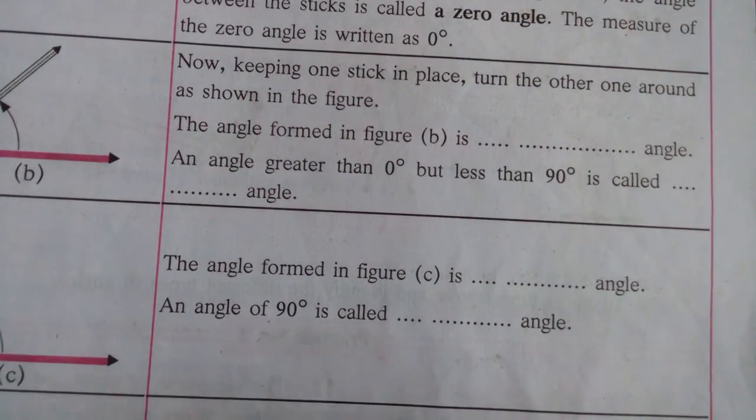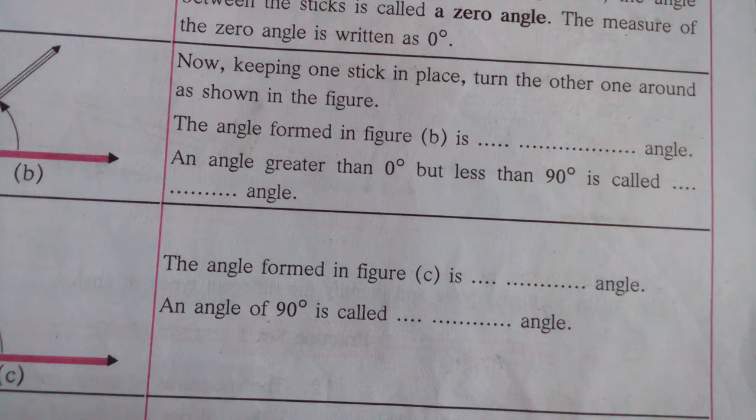Today we saw the types of angle: zero angle, acute angle, right angle, obtuse angle, straight angle, reflex angle, and last one, full or complete angle. Zero angle means an angle of 0 degree.